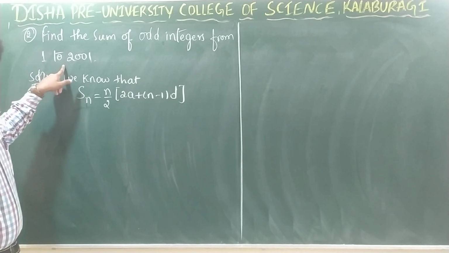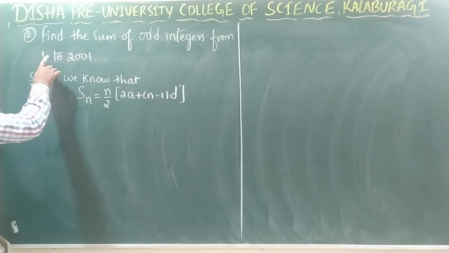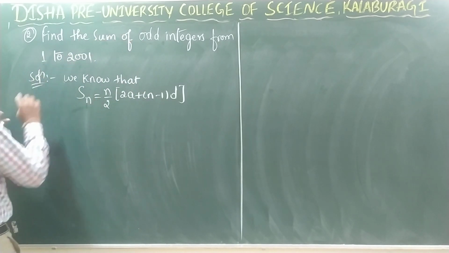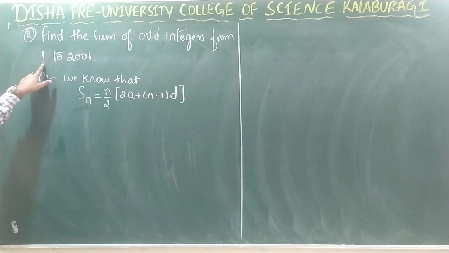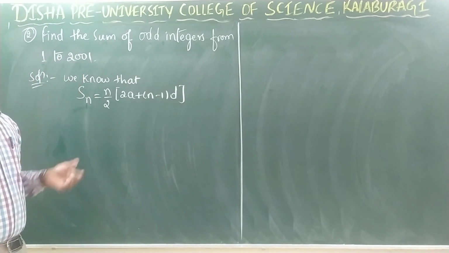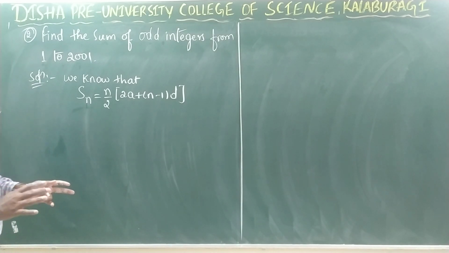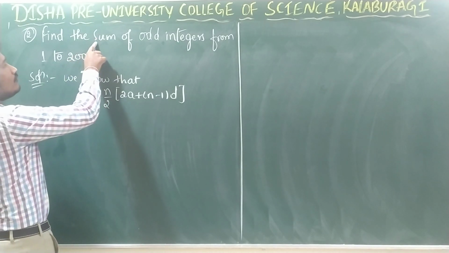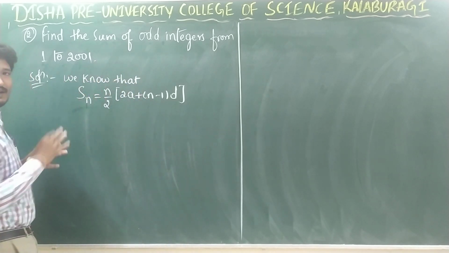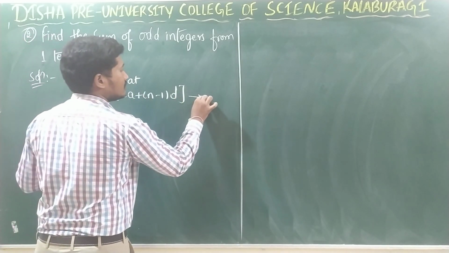So here we are given some terms. What are those? They are odd integers from 1 to 2001. Right? The starting number is 1 and the ending number is 2001. So there are some definite number of terms for which we have to find out the sum. So we will use this formula to calculate the sum. So let us take this as equation 1.